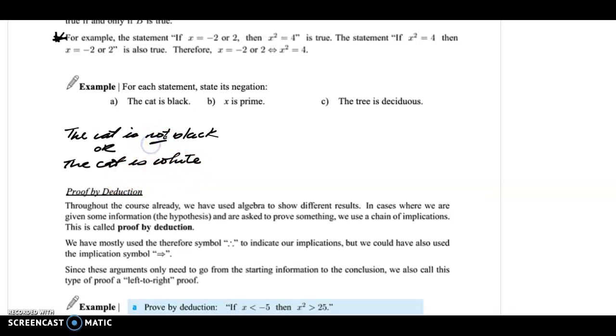There's your not, right? Again, this is our statement A, and then this would be not A. They're just using this little notation, this kind of crooked L. Then we have x is prime. Well, then you could say x is not prime.